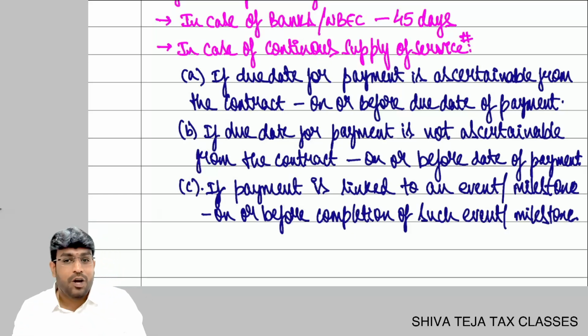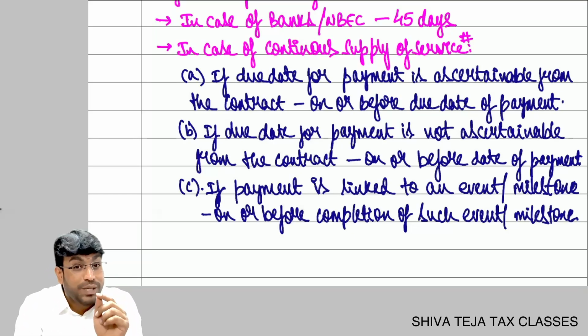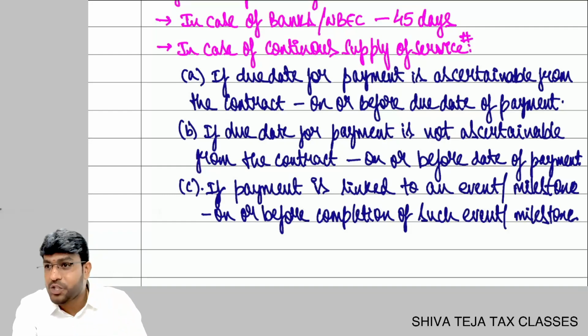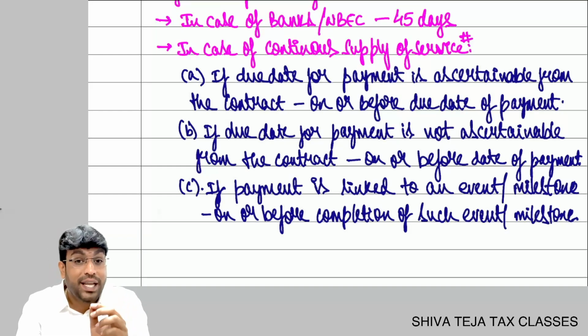So this is the concept of when invoice is supposed to be issued in case of continuous supply of service.